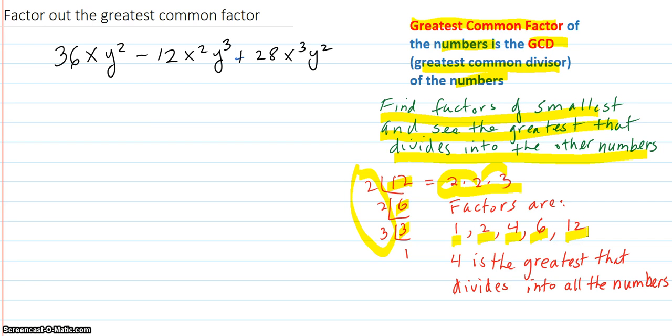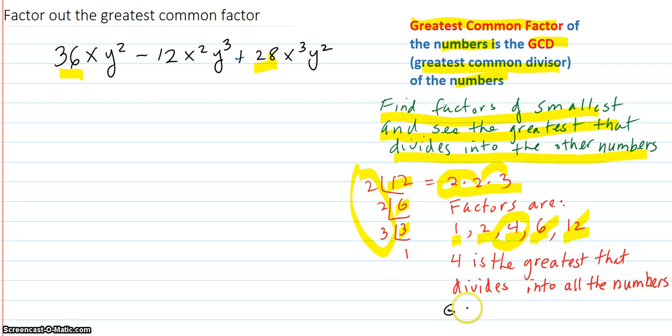So those are all. So when I look at these numbers, 28 and 36, 6 does not go into 28, so that's out. 12 is too big, it doesn't go into 28. 4 does. 4 is the greatest common factor of the numbers.